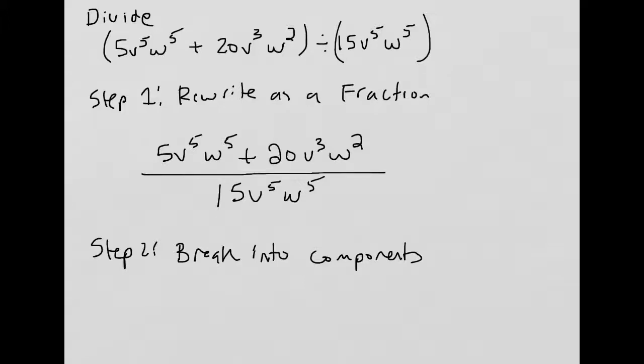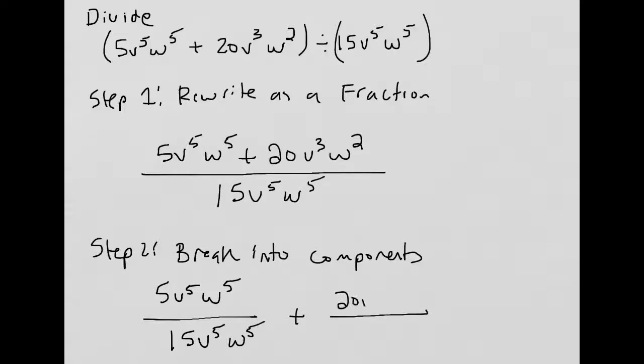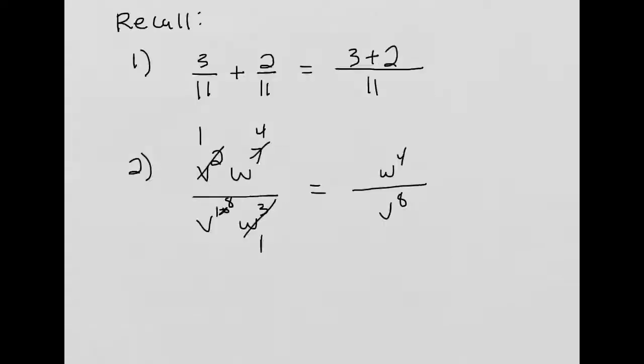So my first fraction is 5v to the 5th, w to the 5th, over 15v to the 5th, w to the 5th, plus, and then my second fraction is 20v to the 3rd, w squared, over 15v to the 5th, w to the 5th. My next step then is I'm going to apply the second fact that we recalled.